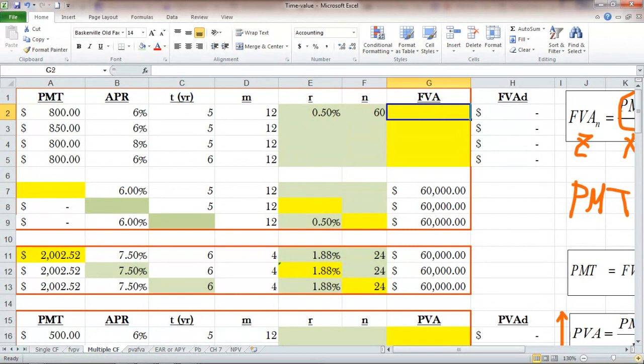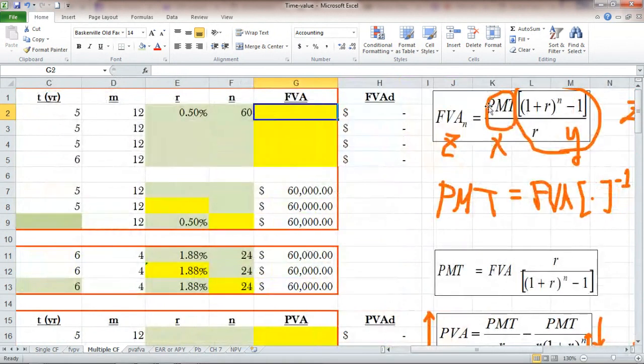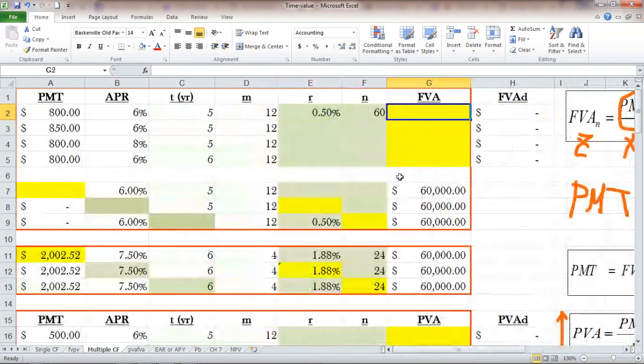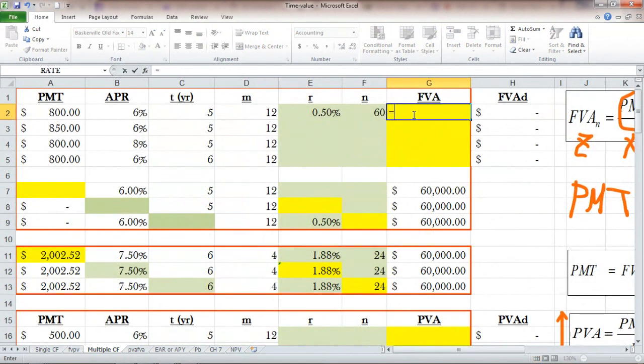So then using our formula, which is payment times (1 plus r raised to n minus 1) over r, we'll do payment times, open parenthesis, open another one, 1 plus r raised to n minus 1, close parenthesis, divided by r.